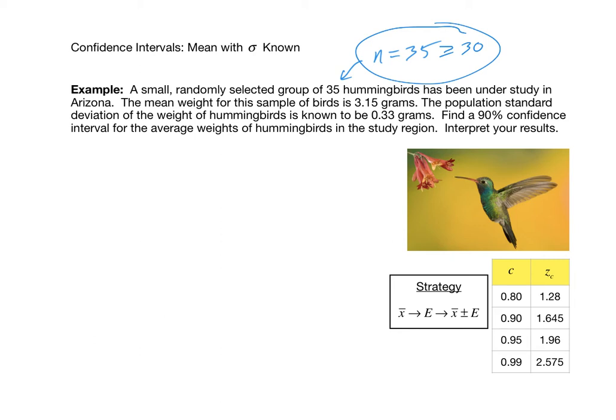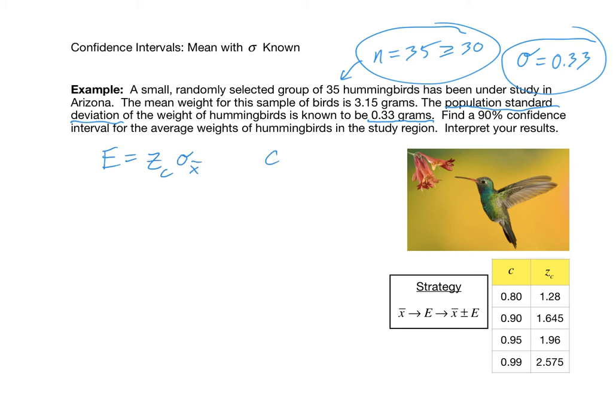And the population standard deviation of the weight of the hummingbirds is known to be 0.33 grams. It specifically says that's the population standard deviation. So since the population standard deviation is known and our sample size is greater than or equal to 30, we can proceed to compute the margin of error by multiplying z sub c with sigma sub x bar.